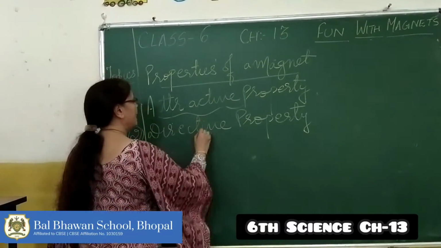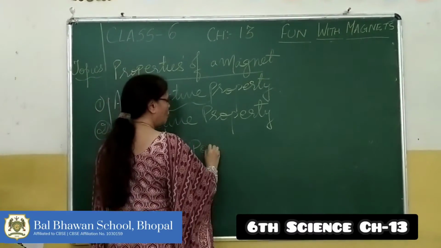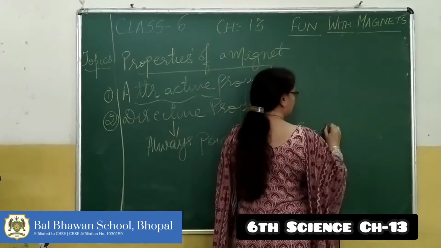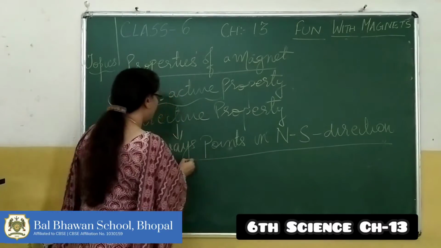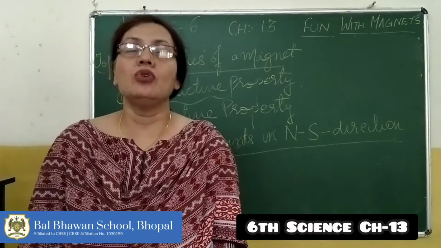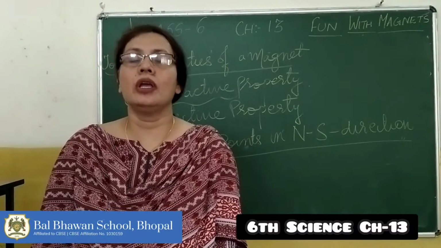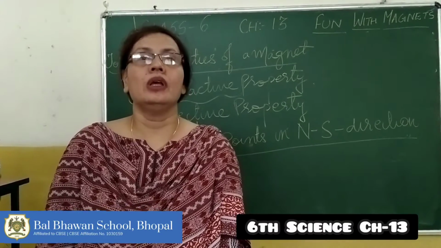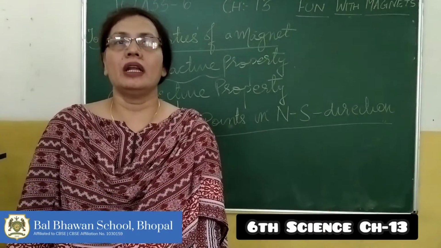A freely suspended magnet always points in the north-south direction. This property of the magnet is known as the directive property of a magnet. The same property is used by sailors to find out the direction, and the same property is used in a magnetic compass, with which you can find out the direction. We will be continuing with the magnetic compass in our next class.